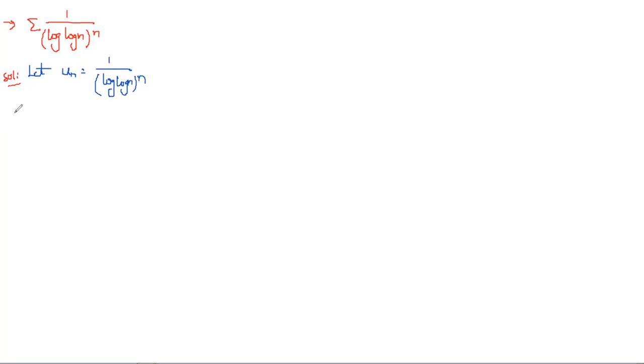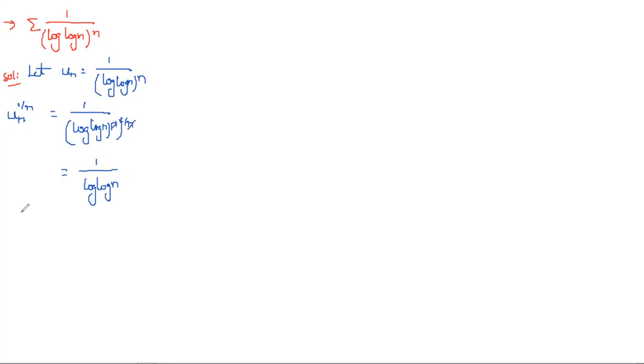Now, for applying the test, un power 1 by n is equal to 1 by log n whole power n, whole power 1 by n. So the n's cancel out, and what remains is 1 by log n.